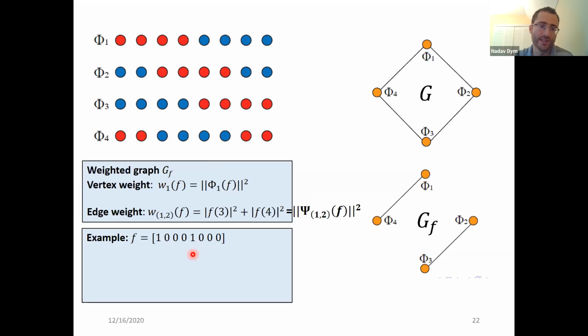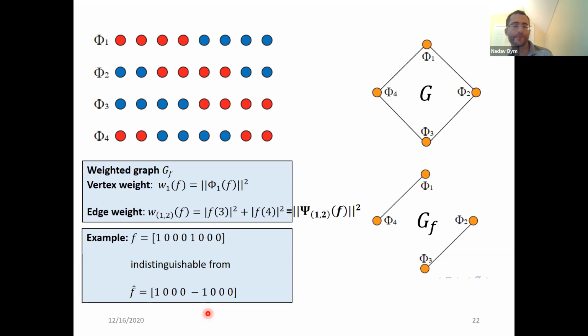And since the fifth coordinate appears in phi2 and in phi3, there will be an edge that connects them, but there aren't any other edges. So we get a graph that isn't connected. Indeed, this corresponds to the fact that this function is indistinguishable from f hat, where you take 1 in the first coordinate and minus 1 in the last coordinate. So this gives us a way of encoding phase retrievability via connectivity.